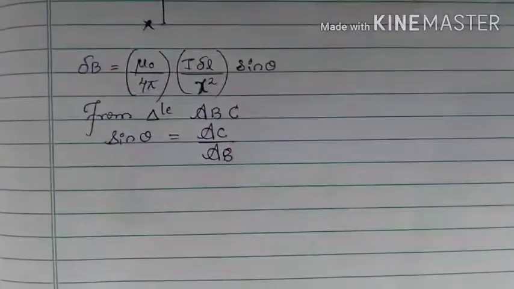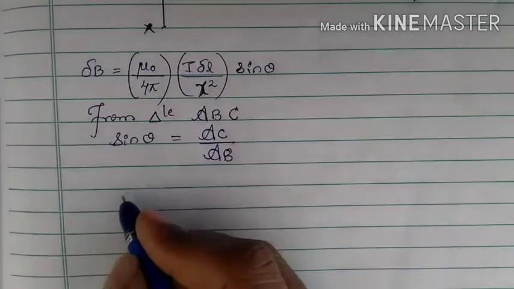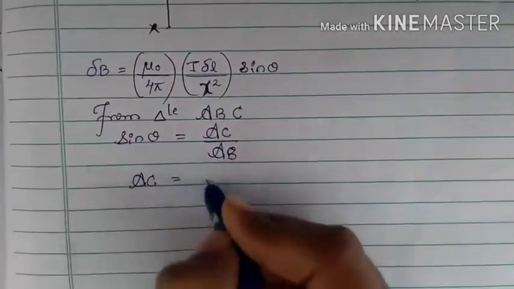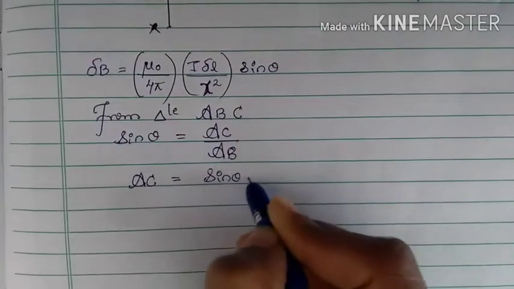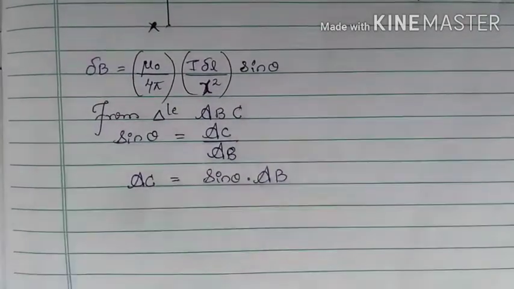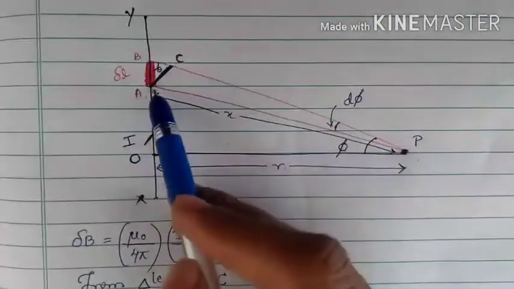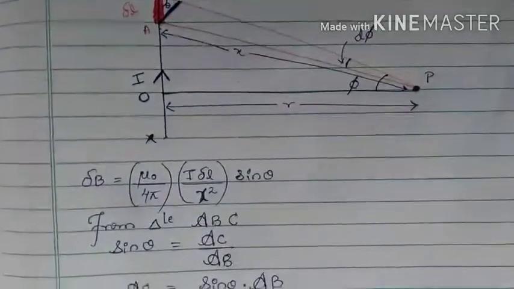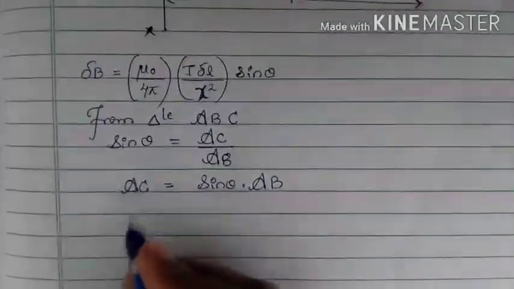Now let us take AC. We have to find AC. So AC is equal to sin theta into AB. Now we know from the diagram AB is equal to delta L. So substitute that here.